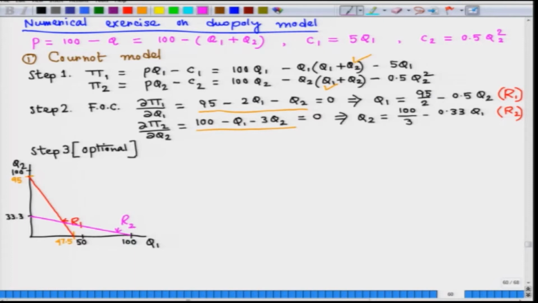Okay. So, we know from our theoretical discussion that it is the intersection point of these two reaction functions where the Cournot equilibrium is going to be determined, right.